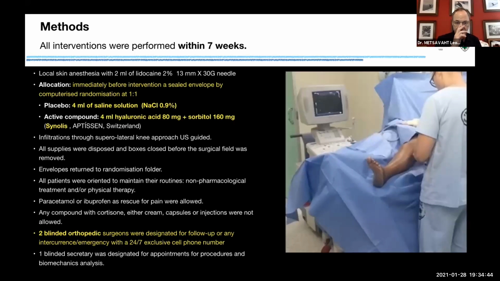These doctors didn't see the randomization. They were not in the procedure room, but they had instructions to help if a patient had any kind of fever or redness on the knee, etc. And one blinded secretary was designated to make all the appointments for the injections and for the 3D biomechanical analysis.